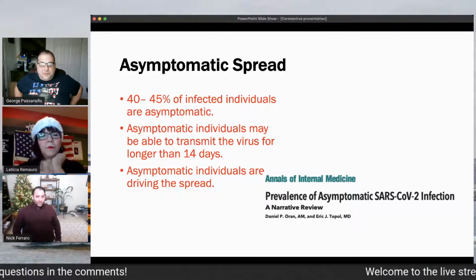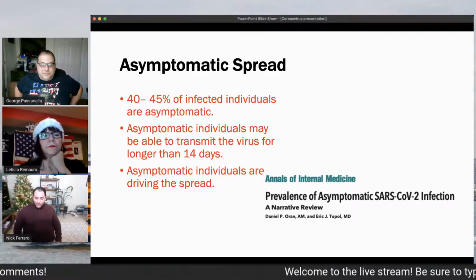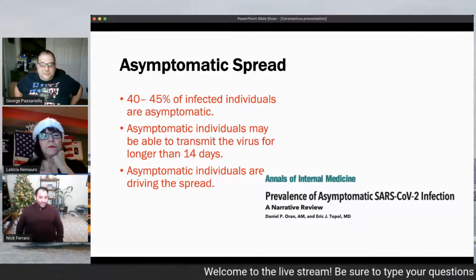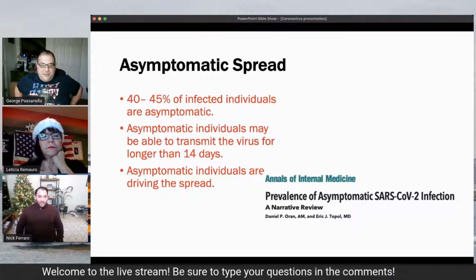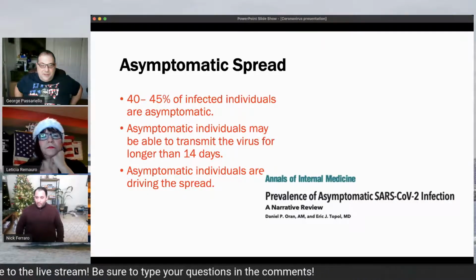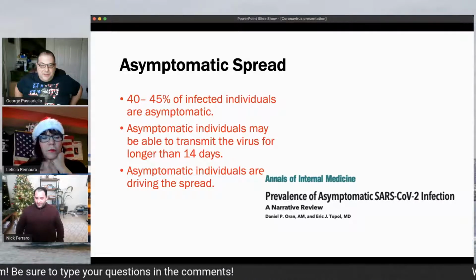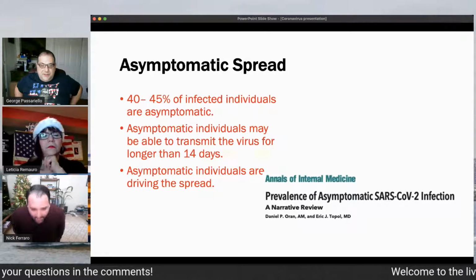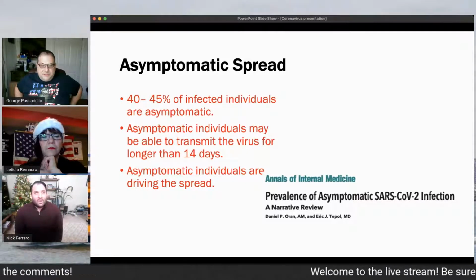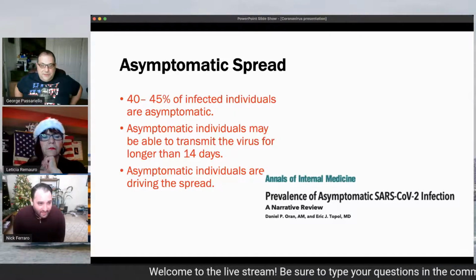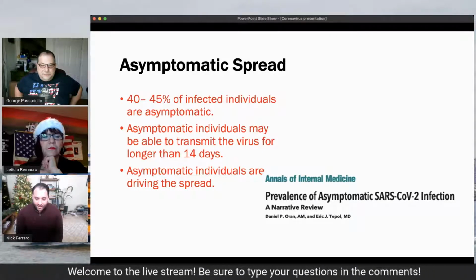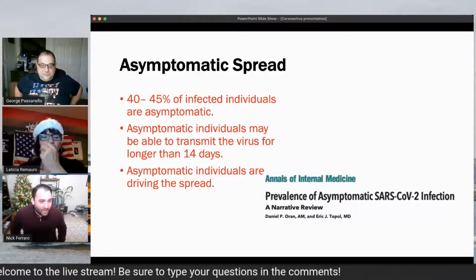So 40 to 45% of infected individuals are asymptomatic. Right. And that's problematic because of the anecdotal evidence of what I hear people say who are, I don't want to say deniers of the virus, but believe that this is a hoax or not as serious as it is. They will usually say, well, I'm not showing any symptoms, I'm not going to get tested.